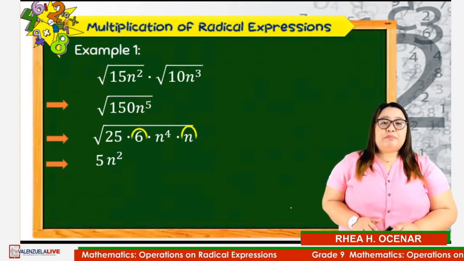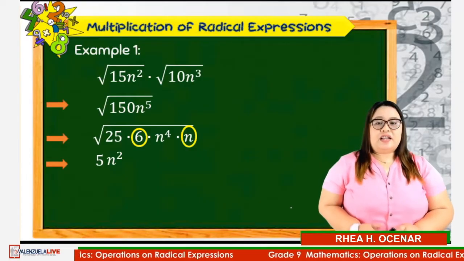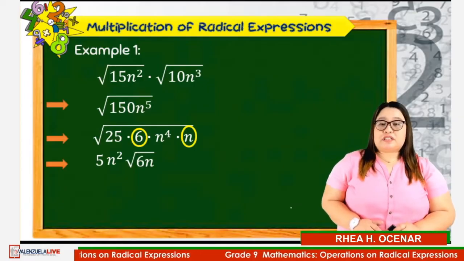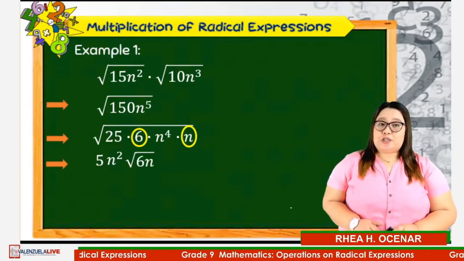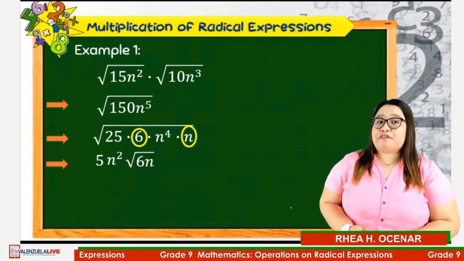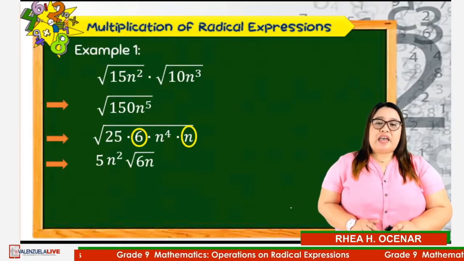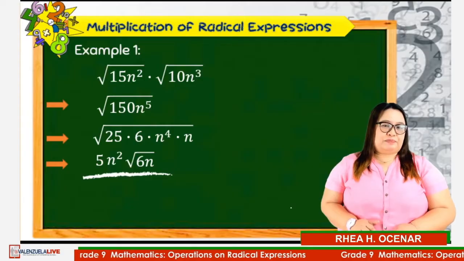And the non-perfect square will remain inside the radical sign. And we have square root of 6n. Therefore, square root of 15n squared times square root of 10n cubed is equal to 5n squared square root of 6n.